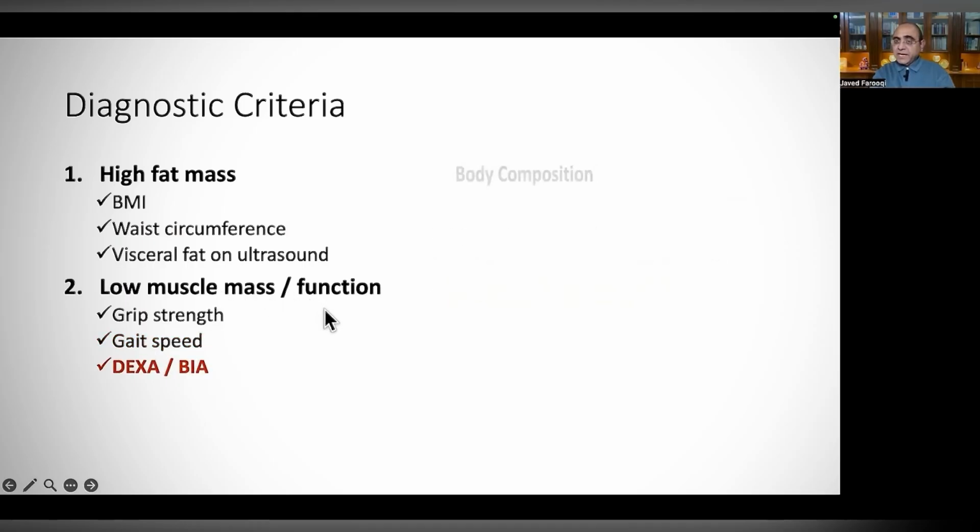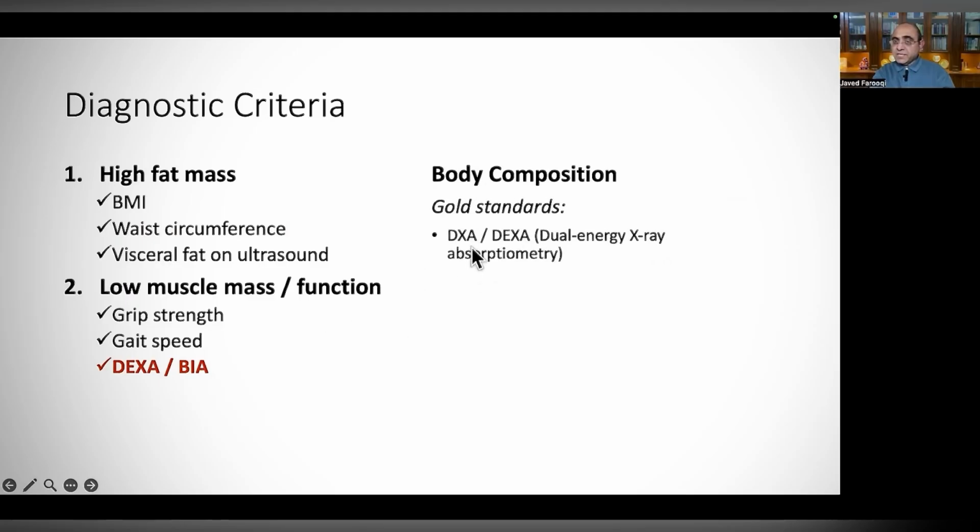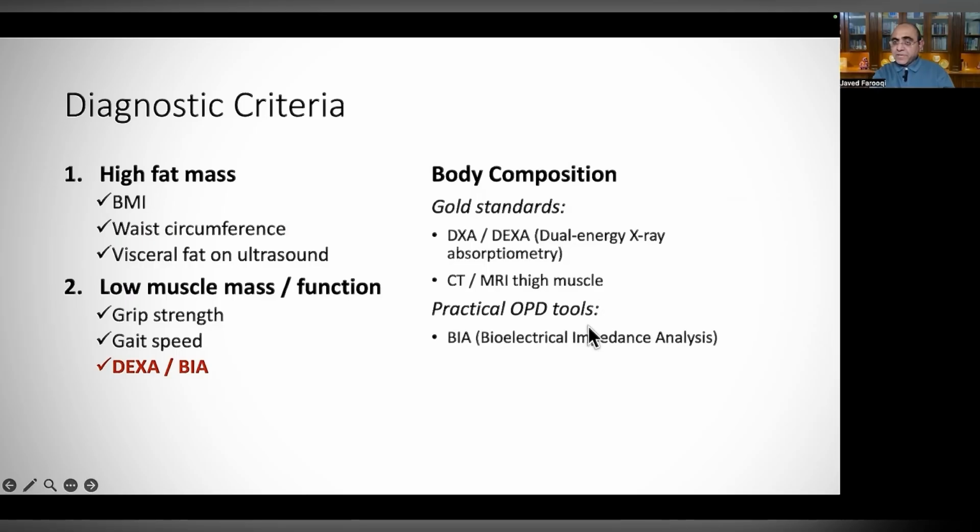Then DEXA and BIA. For body composition, the gold standards are DEXA, dual energy X-ray absorptiometry scan, and CT or MRI of the thigh muscle. What is practical in OPD is BIA, that is bioelectrical impedance analysis, and calf circumference less than 31 centimeter means low muscle mass.